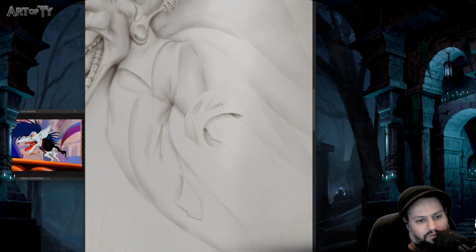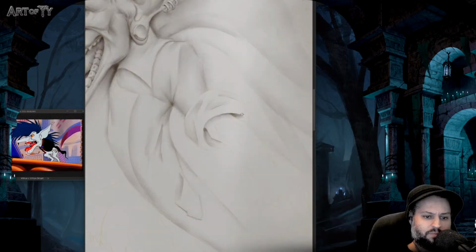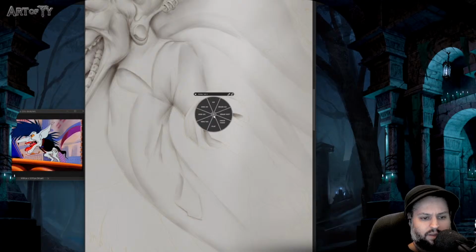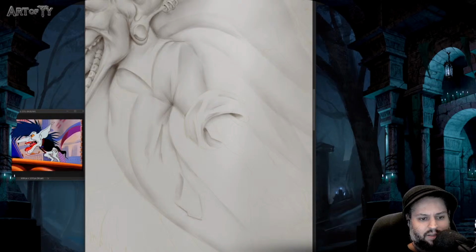When it comes to defining folds and wrinkles, I generally allow myself a lot of freedom to experiment with them because it's not like we have a specific reference we're using, right?